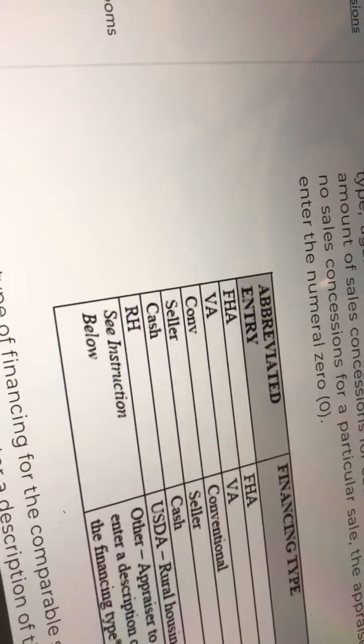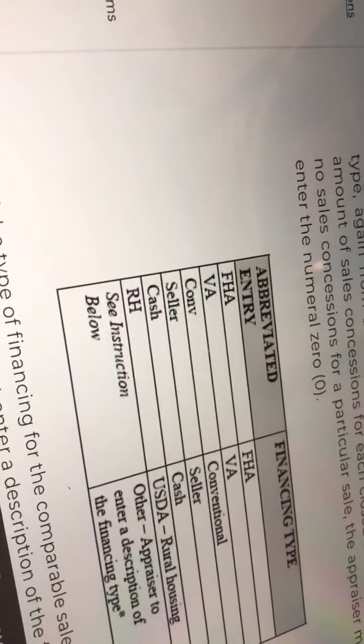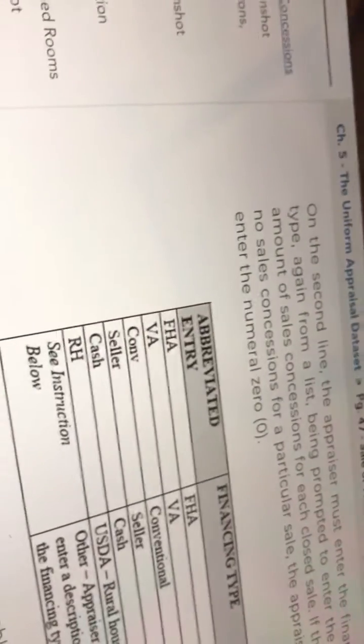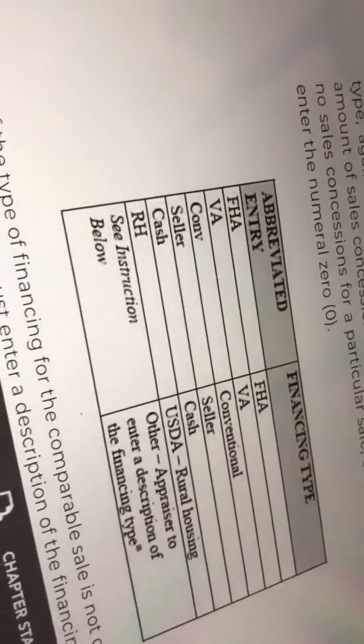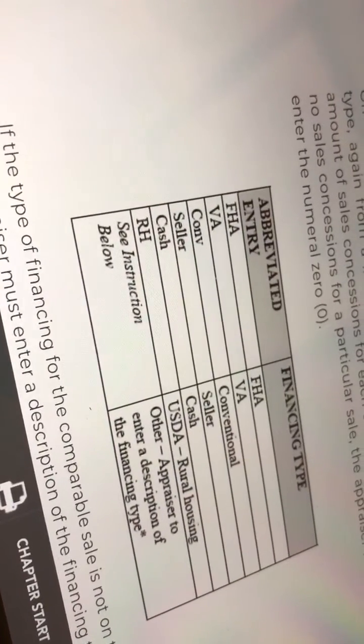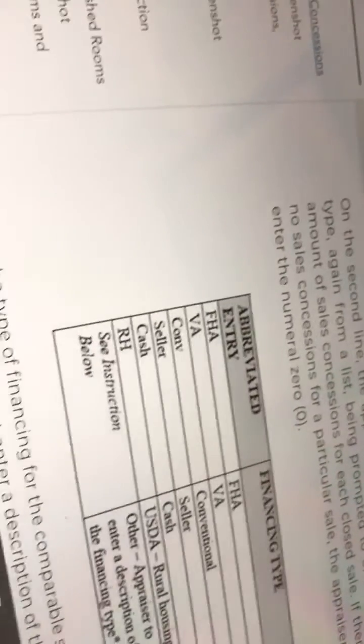Financing type, cash. Abbreviated entry, RH. Financing type, USDA-rural housing.